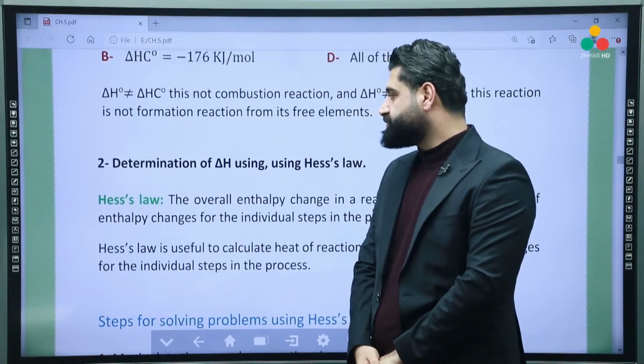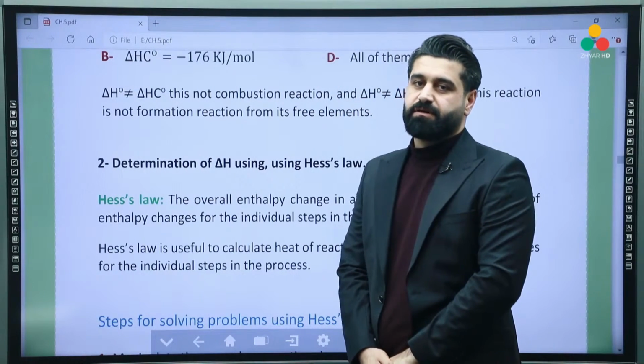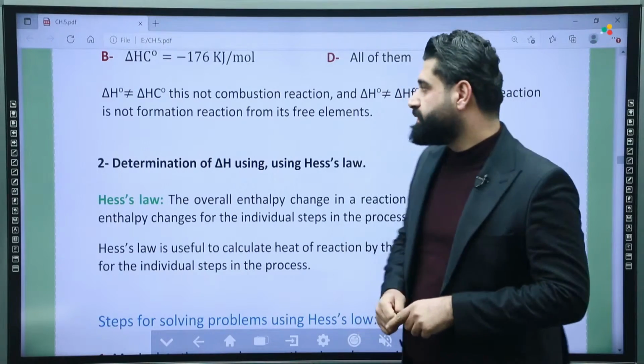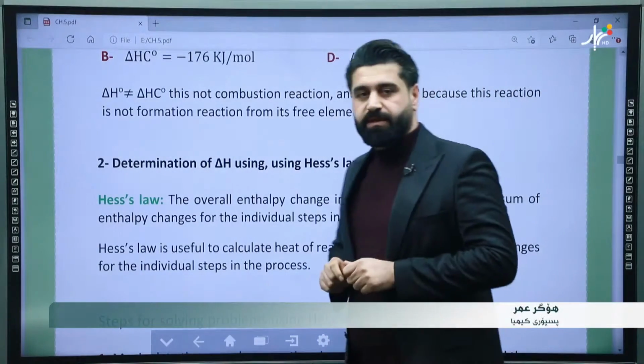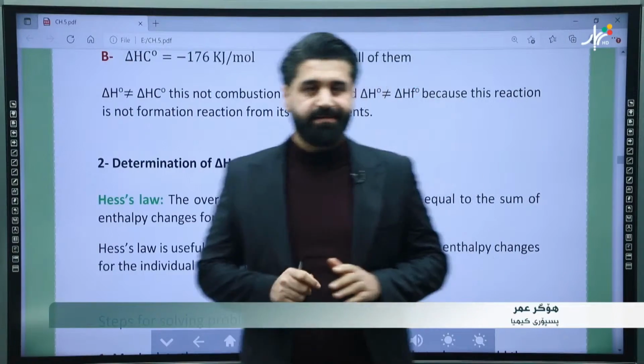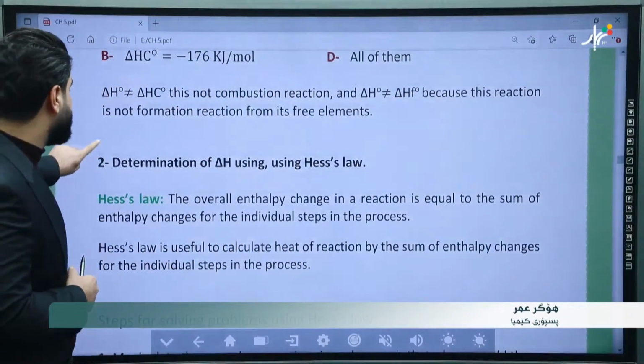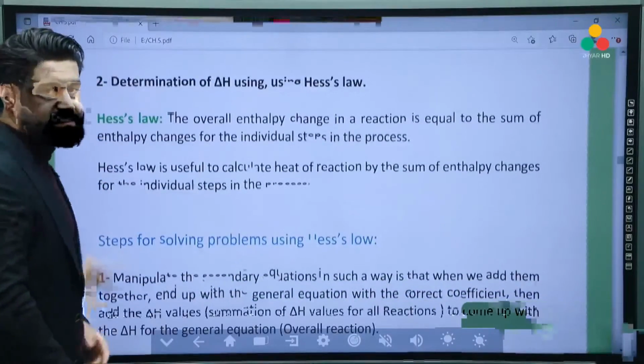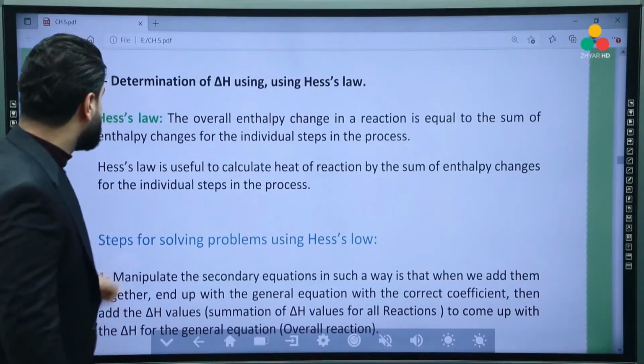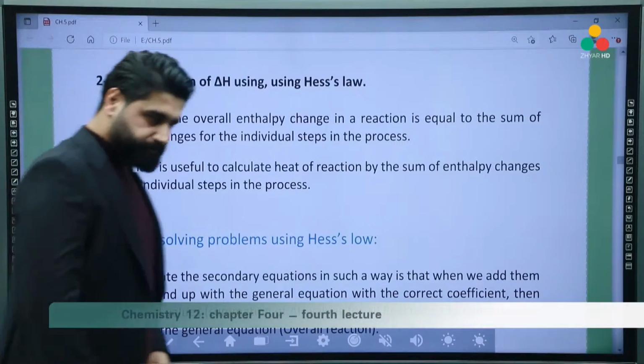Last lecture we talked about determination of enthalpy of reaction based on the enthalpy of formation for the reaction participants and reaction components. Today we are going to follow the second technique, which is Hess's law. What is Hess's law?